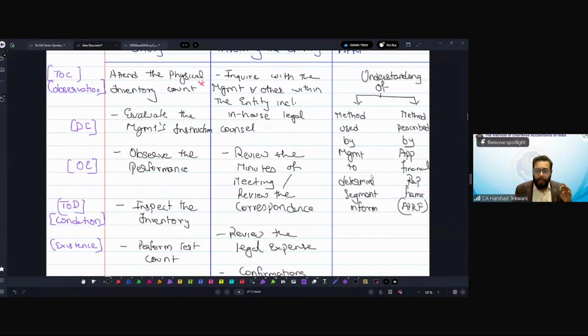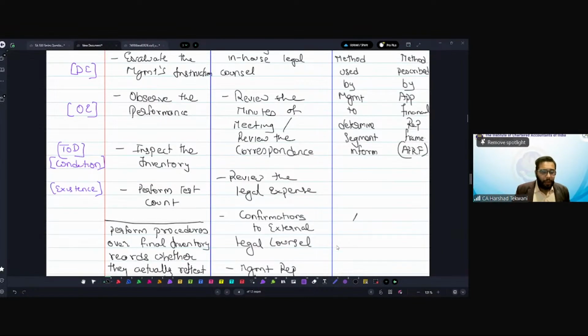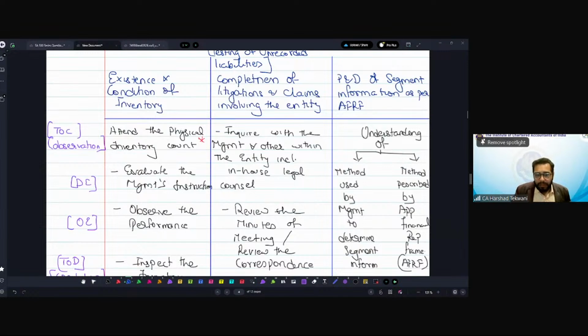Now, when you get the understanding of both the method used by the management and the method prescribed by the financial reporting framework, you need to check whether these two methods are equal or similar, whether they are the same or not.